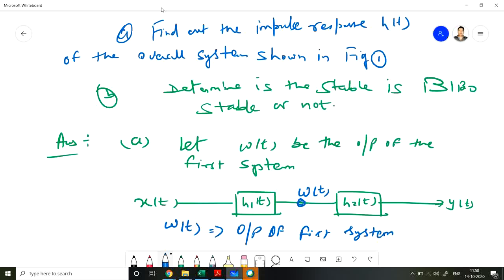So what is the first system? If you draw this, then this is your first system. You are applying input to this system with impulse response h1(t), and you are getting the output w(t).